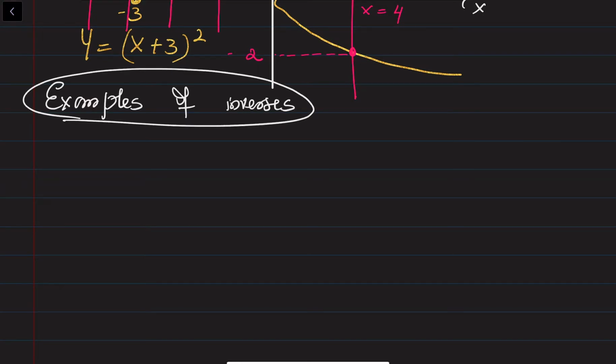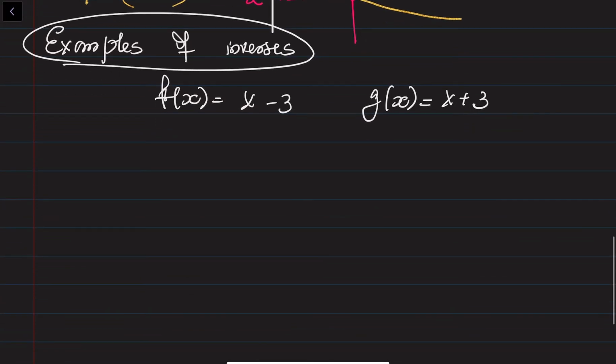Okay, so let's say you're given f of x is equal to x minus 3, and g of x is x plus 3. So these two functions are the inverses.